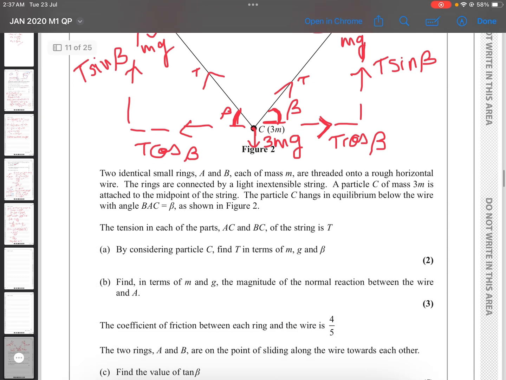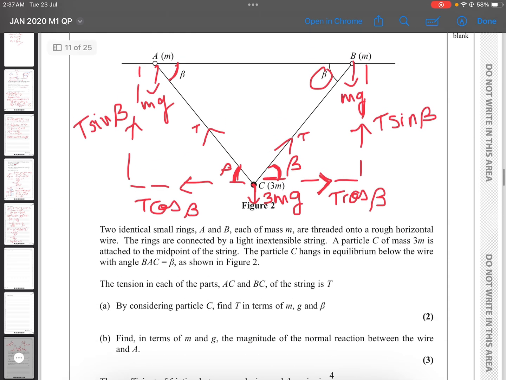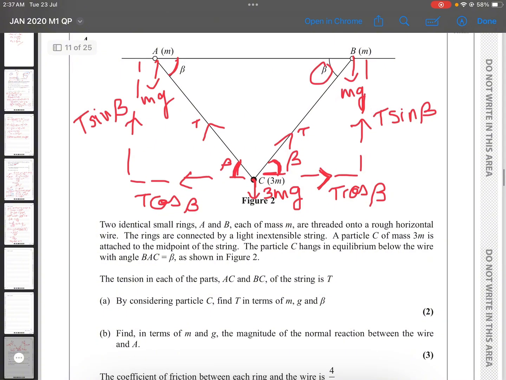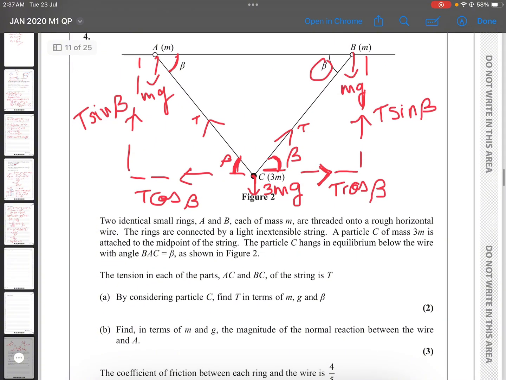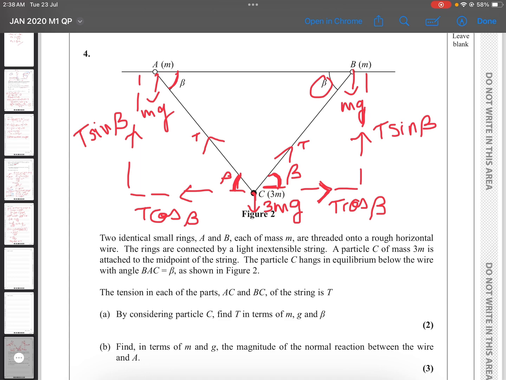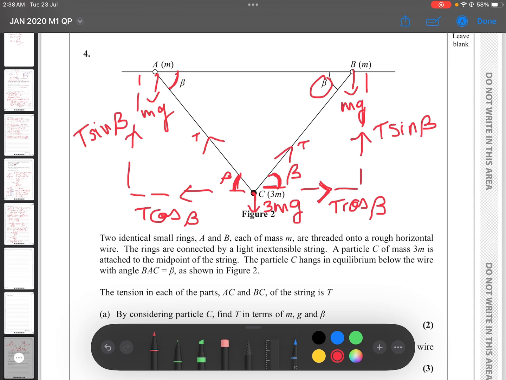The question says, by considering particle C, find T in terms of mg and beta. The forces acting up are equal to the forces acting down. And considering only particle C, I write it with a different color. The only forces acting are the tension and its weight. You can see this tension is acting, and its weight is acting down, right? I'll remove them.